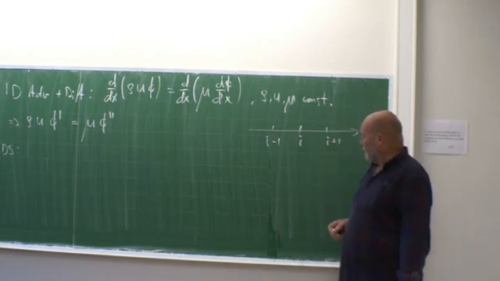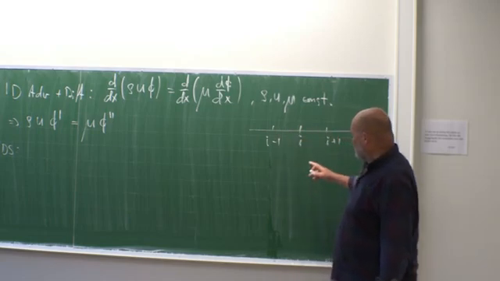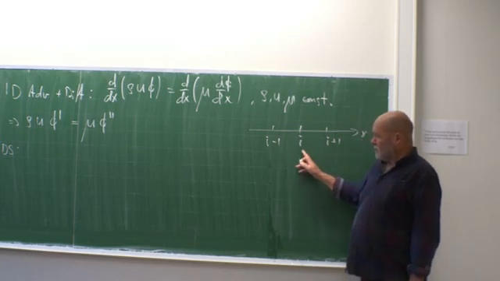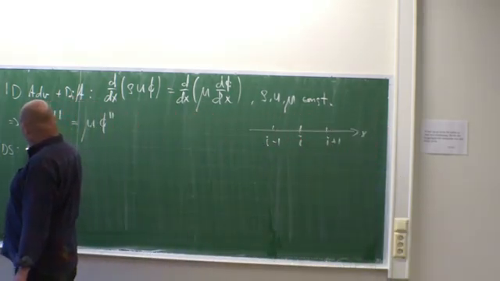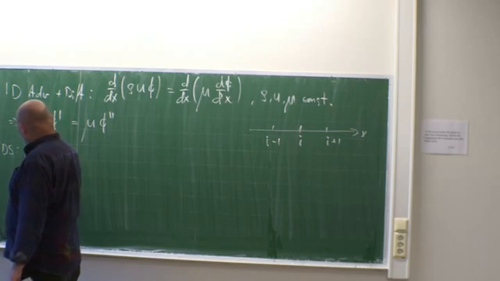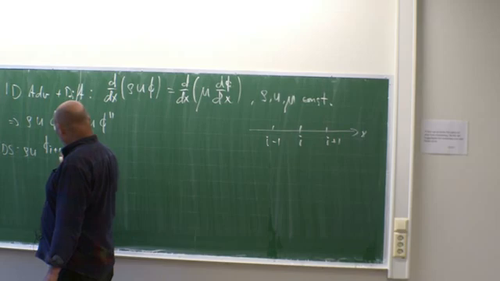To create a derivative, I choose these 2 points and divide by the distance between them, because I want it for the central point here. So the central scheme should look something like this: rho u, and then phi I plus 1 minus phi I minus 1 divided by 2 delta x.